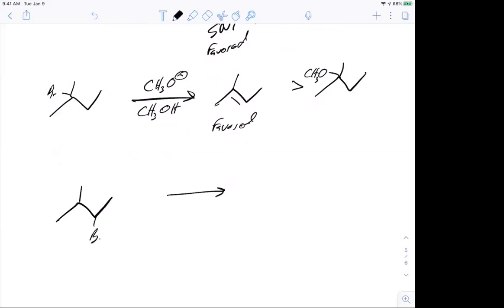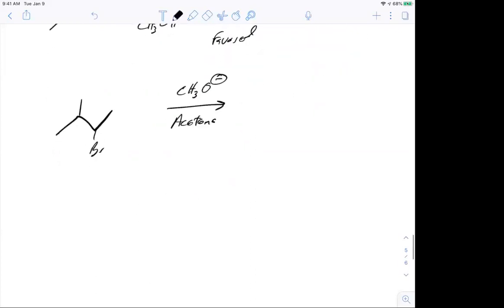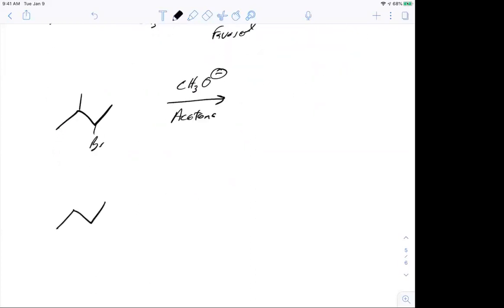That's not the same if we look at, let's say, a slightly different substrate here. Again, we have a secondary substrate, not likely to make a carbocation.